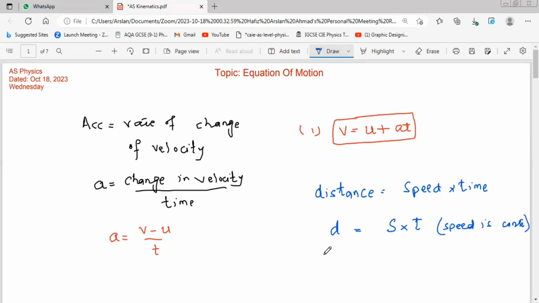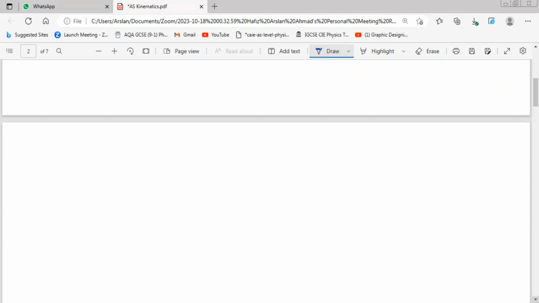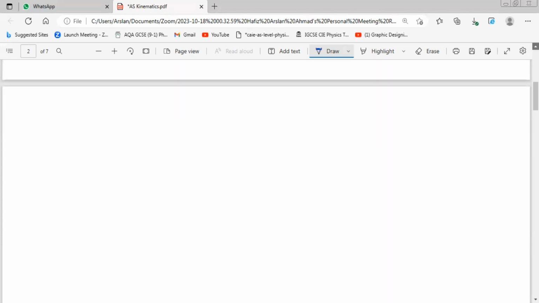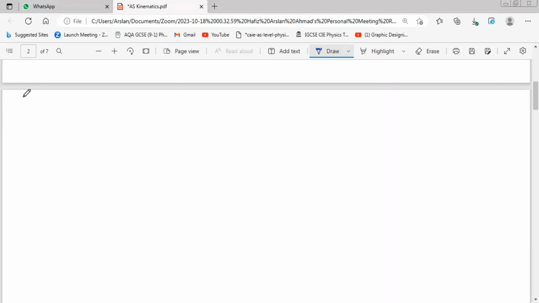If speed is not constant, then we use this formula by changing it to d is equal to average speed multiplied by time. The formula is the same, but speed is changed to average speed.